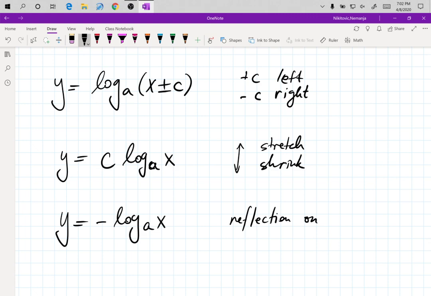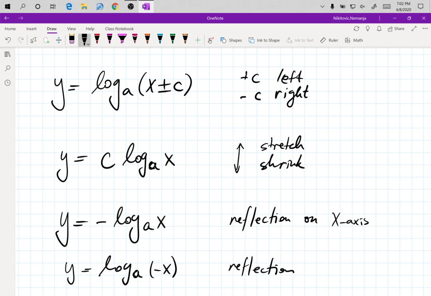Now what axis are we reflecting on? You put the minus on the whole problem, which is equivalent to being applied only to the y values. So this is a reflection on the x-axis. And y equals log a of negative x, with the negative inside the argument, is a reflection on the y-axis. So these are the rules, and there is also horizontal and so on.